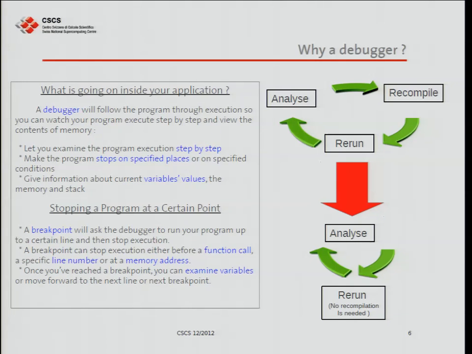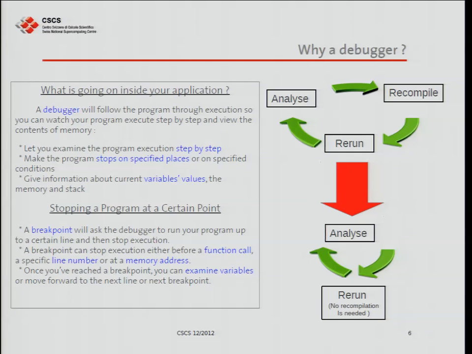And the advantage of the debugger is that you don't need to recompile, because at least you need to recompile at the beginning, and then you can restart your job and examine, inspect the value of some variables during runtime.